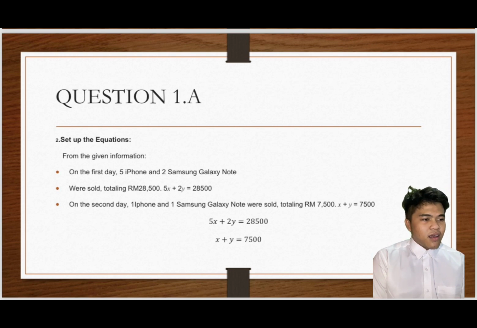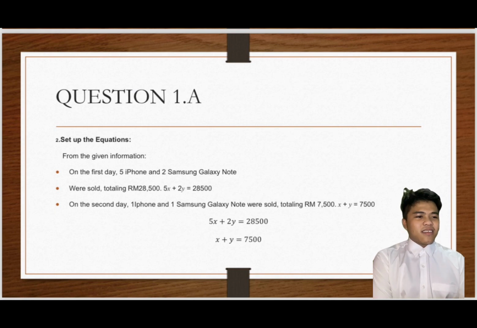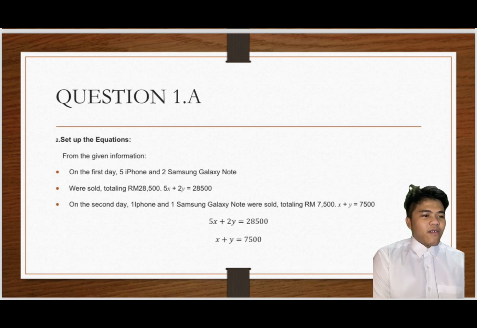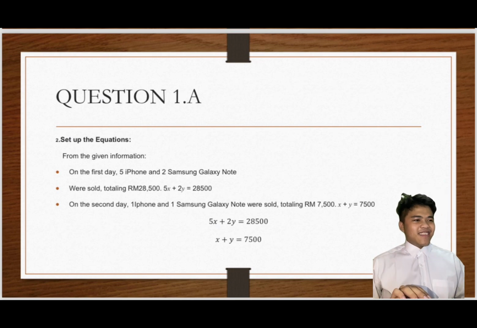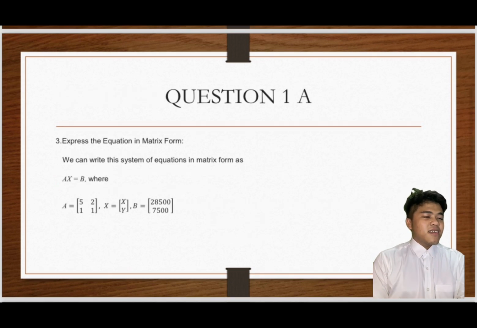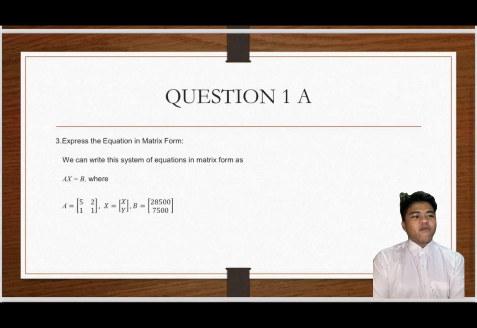On the second day, 1 iPhone and 1 Samsung Galaxy Note were sold, totaling 7,500. So we put the equations 5x plus 2y equal to 28,500 and x plus y equal to 7,500.